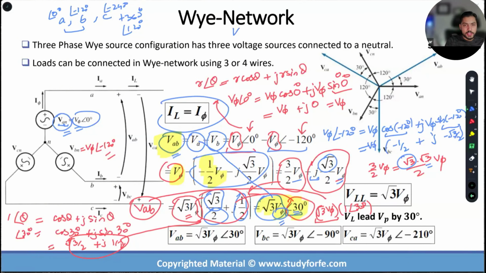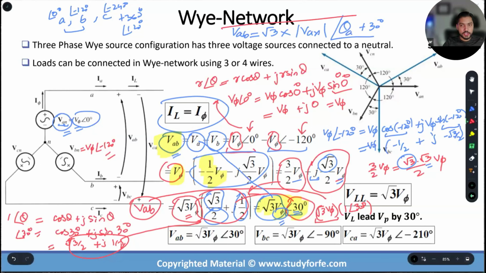So if I write this as VAB is equal to square root 3 multiplied by the magnitude of phase A with an angle of 30 degrees on top of the phase angle of phase A. This is actually what is going on.